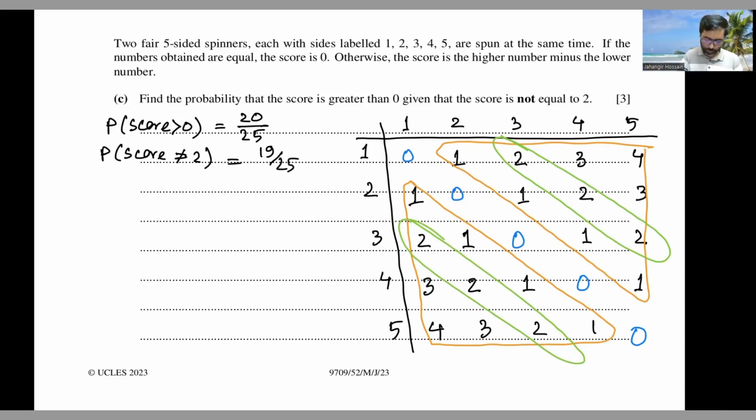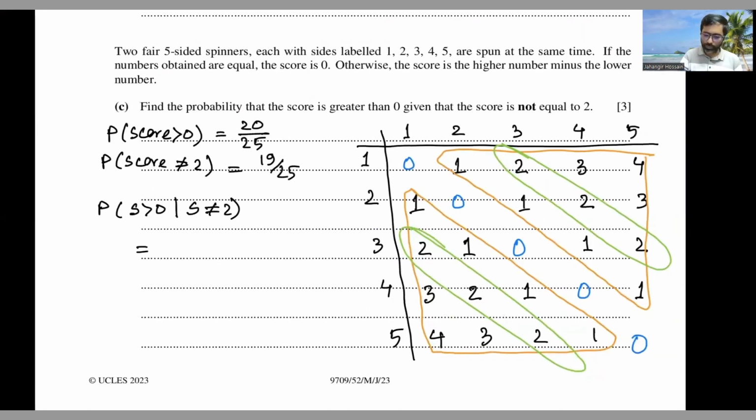Now, if you consider what we have to find, the probability of the score being greater than 0, given that the score is not equal to 2. If you follow the formula here, remember the probability of A given B: in the denominator we write the probability of B, and in the numerator we write the probability of the intersection of the two events.